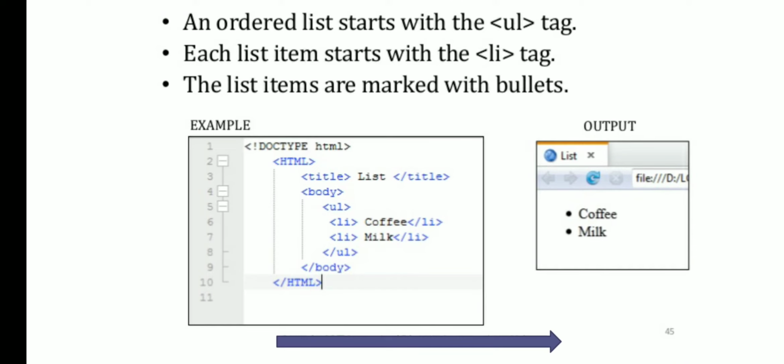As we know, the body is the main part which displays the information on the web page. In this example again the list items are coffee, milk, then close the list, then close the body, then close the HTML. The output for this program is as shown here.